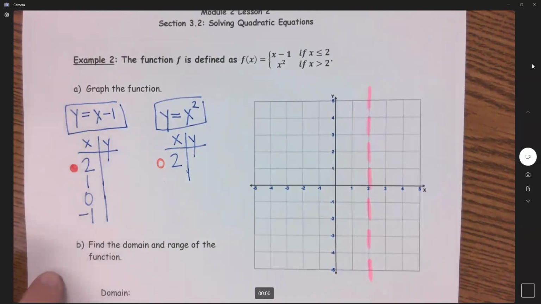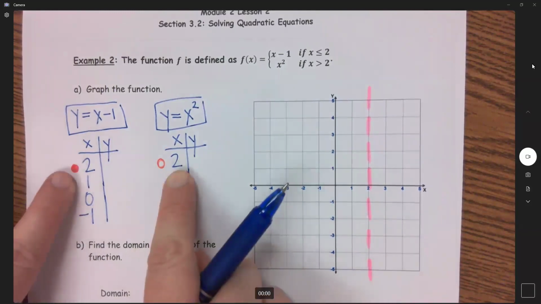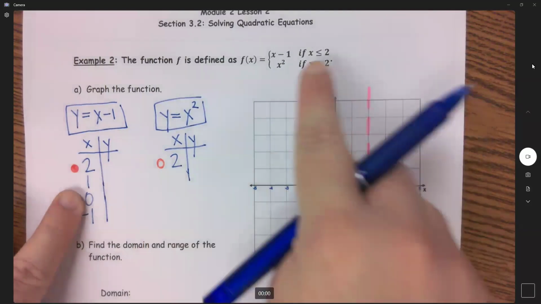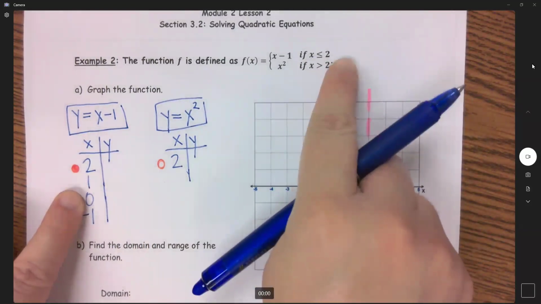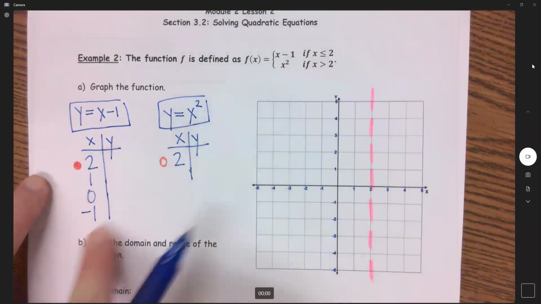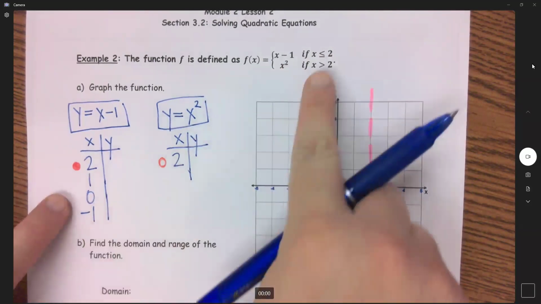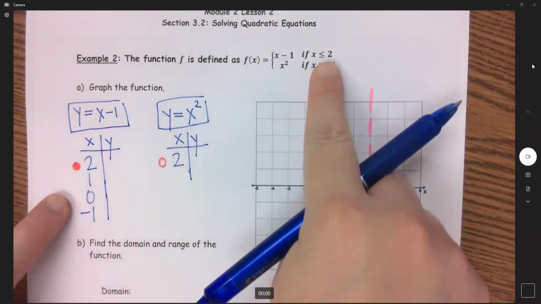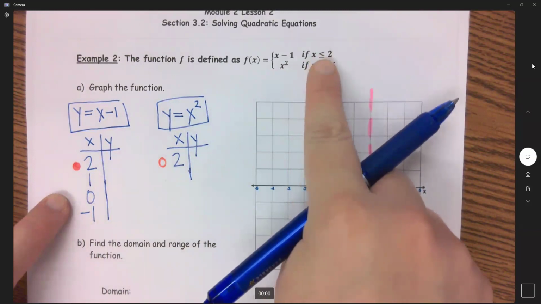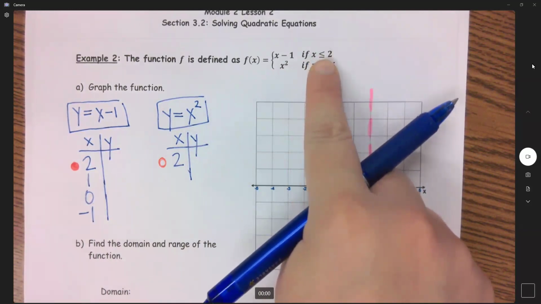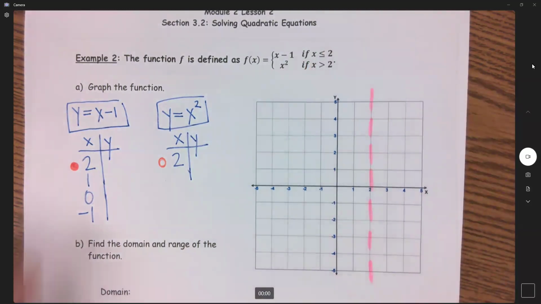You can do as many as you want, but you need at least where this breaks and one other point that's in this domain. I can't put 3, 4, and 5 over here, because it's when x is less than or equal to 2, and those are not that. Okay, hopefully that makes sense.